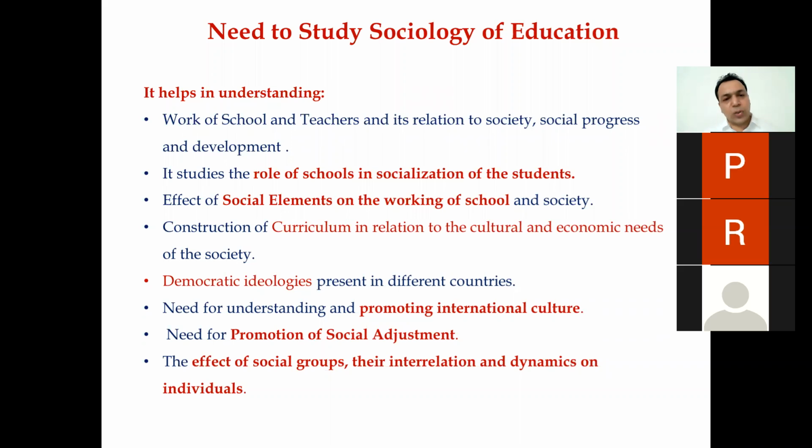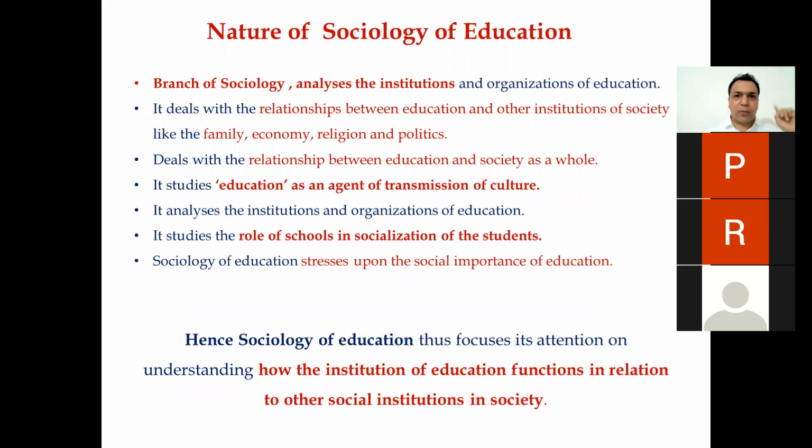Next we discuss the scope of sociology of education, after the nature of sociology of education, right? In the nature, first of all, you have to understand sociology of education is a branch of sociology, right? It analyzes the institutions and organizations of education.